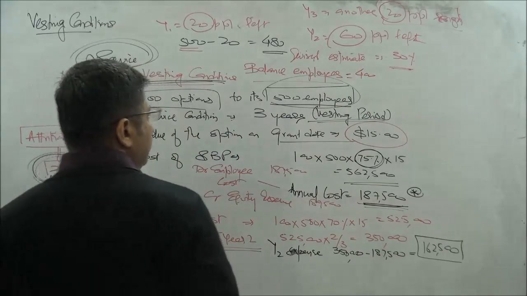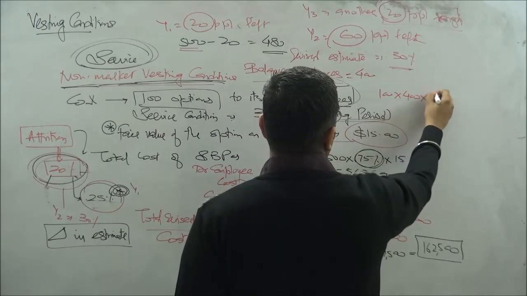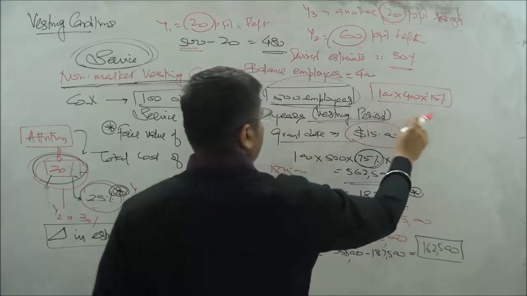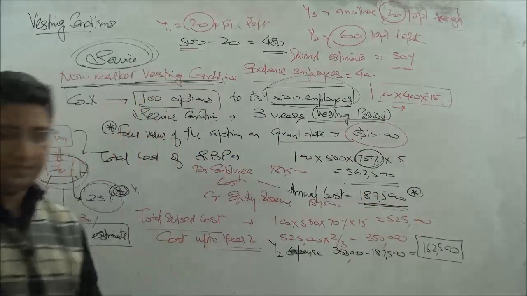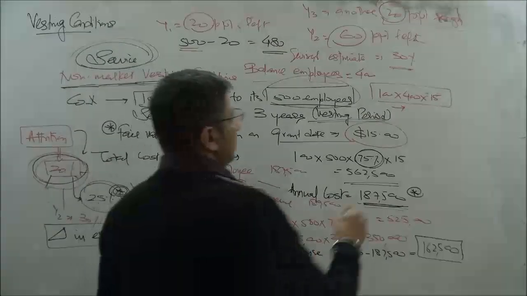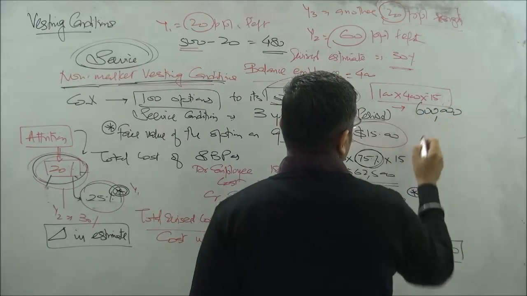And now it is easy, straightforward, that the total cost of option should be 100 into 400 into 15, and that comes to, of course, 600,000. Okay, this comes at 600,000, which is for the 3 years.